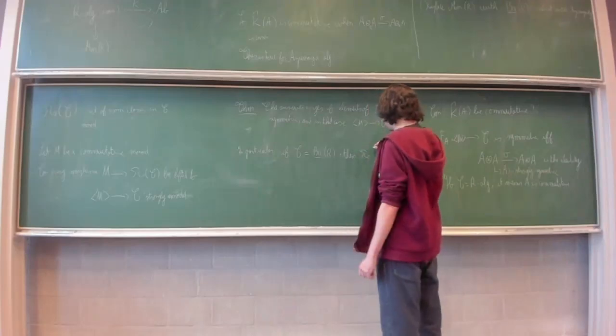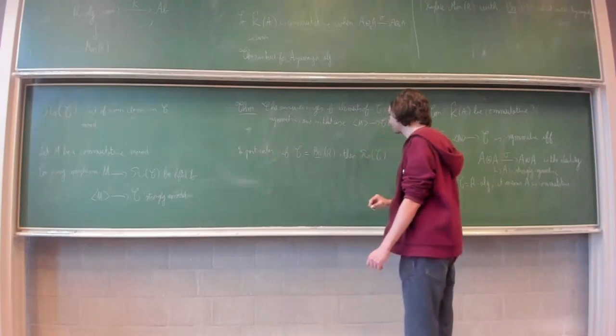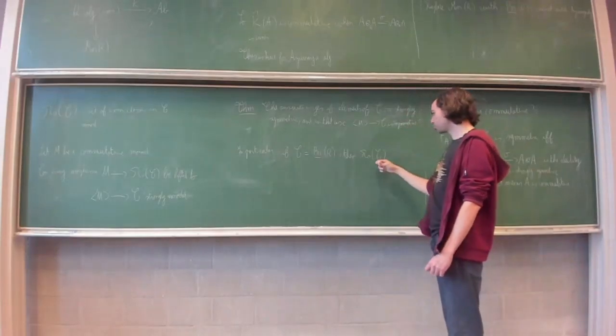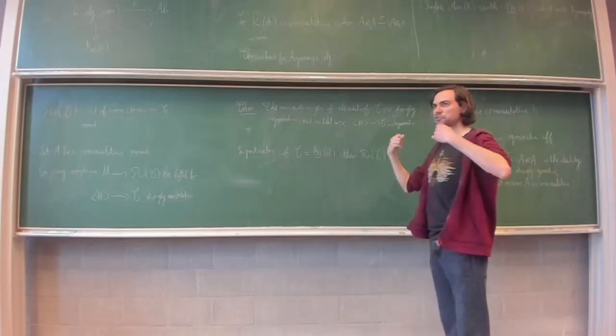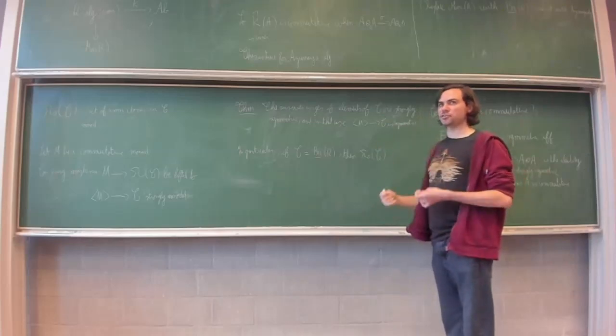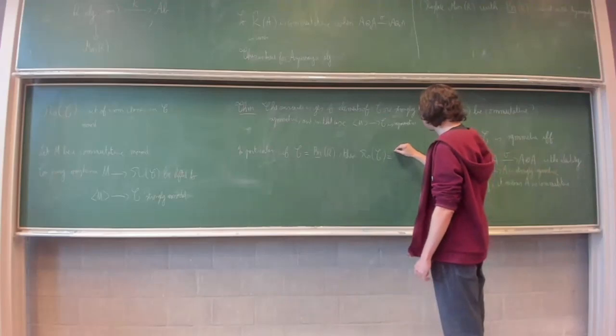Then by definition, the set of isomorphism classes in here, so it's a set of Morita equivalence classes of Azumaya algebras, that has a definition, that's a Brauer group.